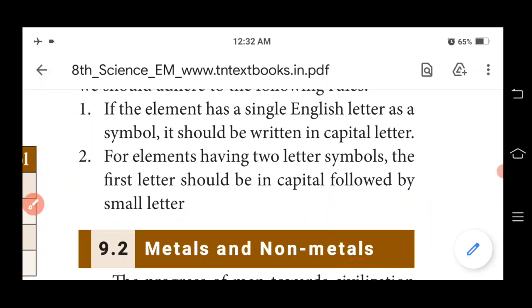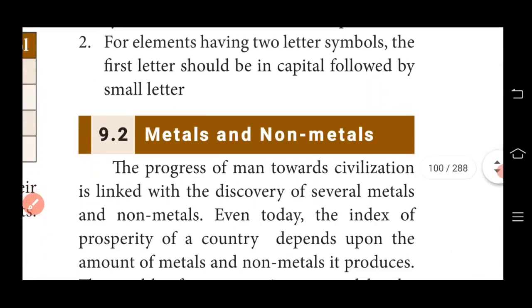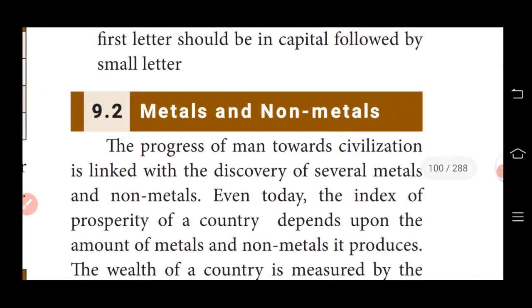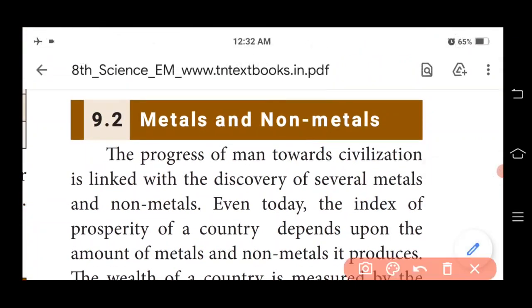And then our next important topic is metals and non-metals. Children, the progress of man towards civilization is linked with the discovery of several metals and non-metals.